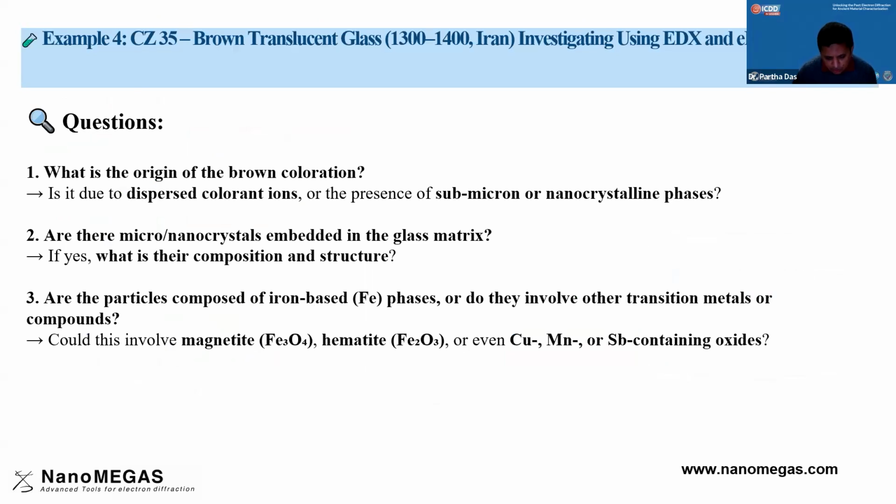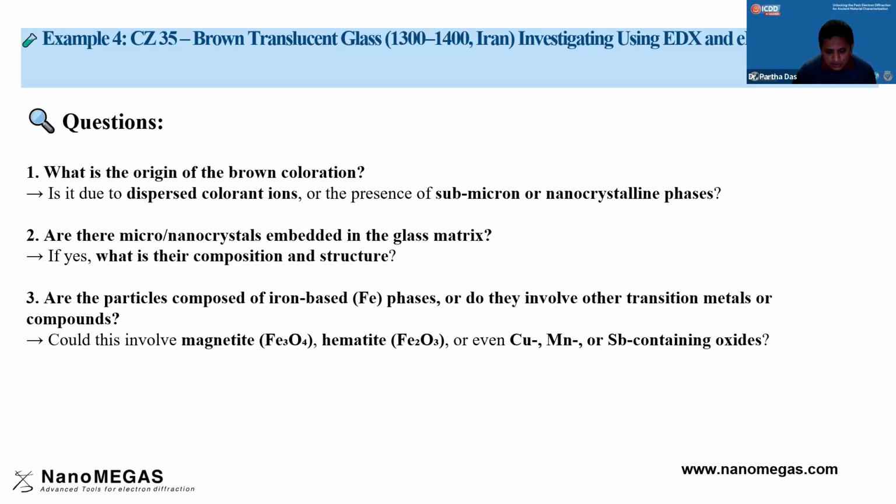This sample is a 14th century brown translucent glass from Iran. And we did some EDX first, obviously. The reason the sample was given to us was to understand where the brown color comes from.